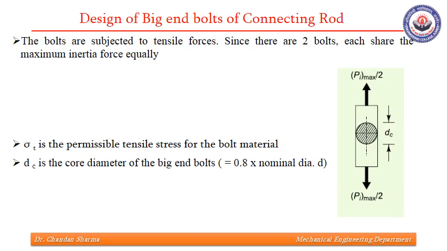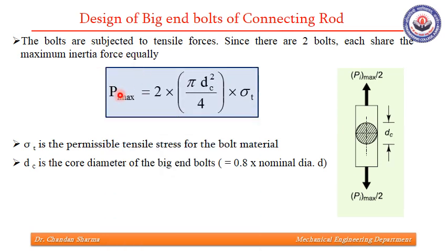The bolts are subjected to tensile forces. Since there are two bolts, each will share the maximum inertia force equally. That is, Pi max is equal to the resisting force: two bolts, the area of one bolt is pi dc square by 4, and the permissible stress for the bolt material. Dc is core diameter.